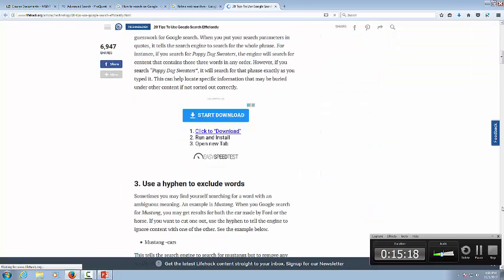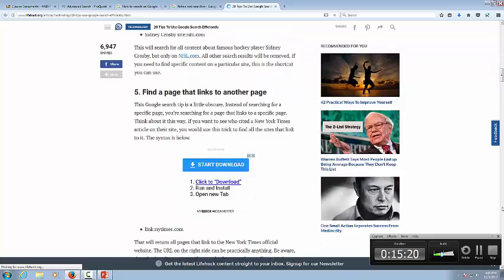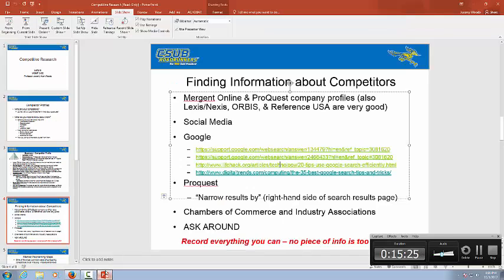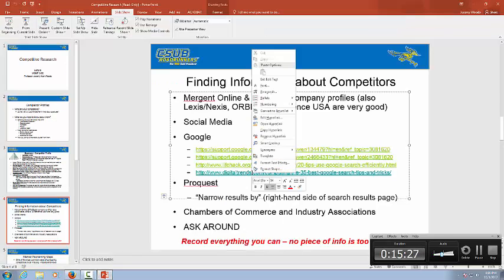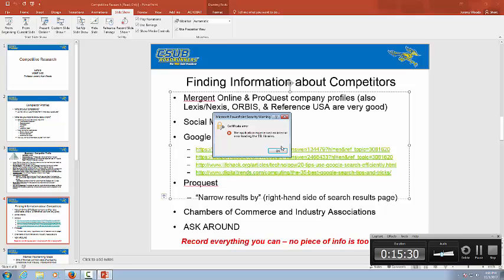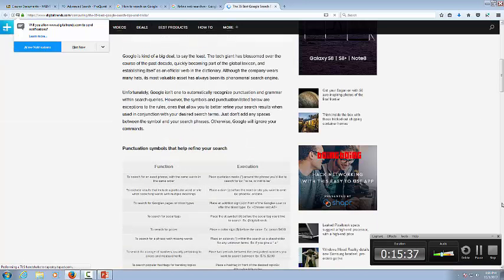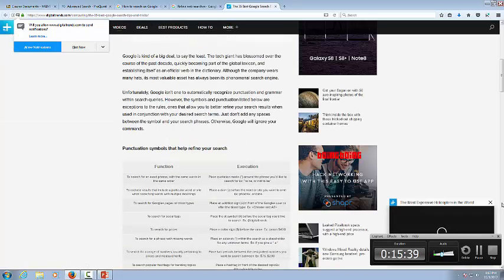You got sort of 20 tips on how to do better Google searches here. And finally, Digital Trends. This is another nice list of all kinds of different characters that you can use to narrow and refine your searches on Google for competitors or for anything else you're searching on Google for that matter.